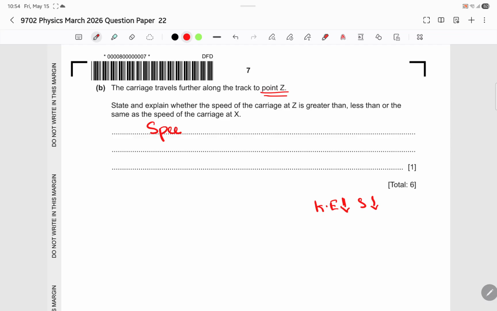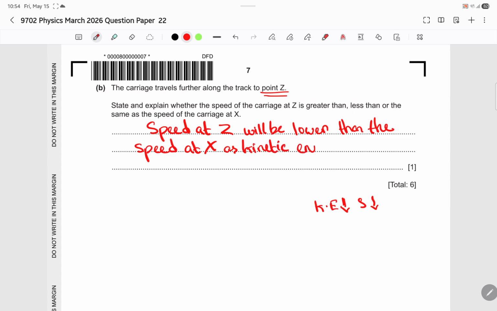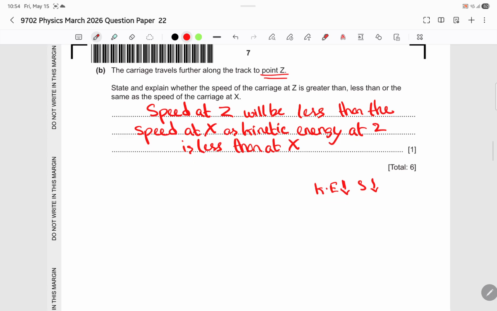Hence, the speed at Z will be lower than the speed at X, as the kinetic energy at Z is less than at X. I hope you understood that.